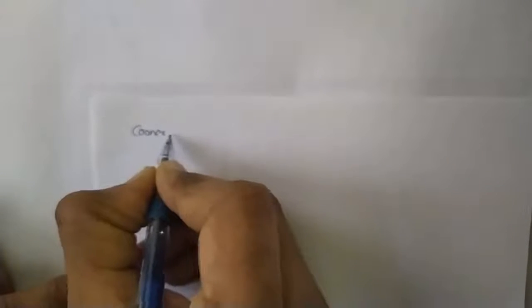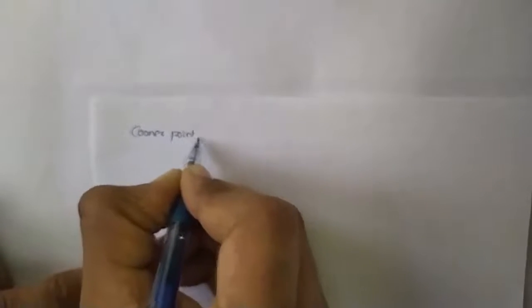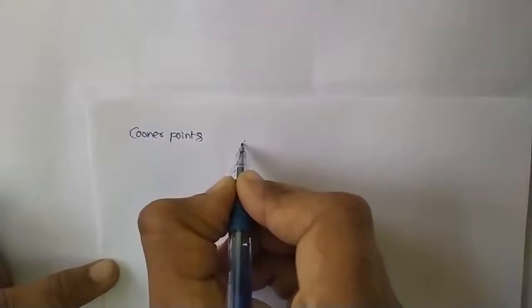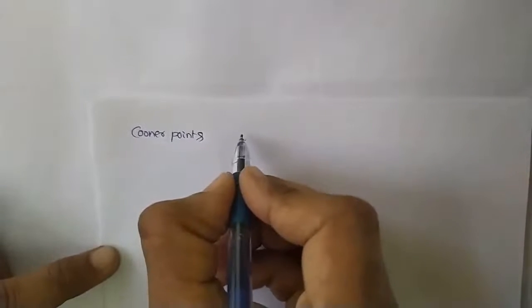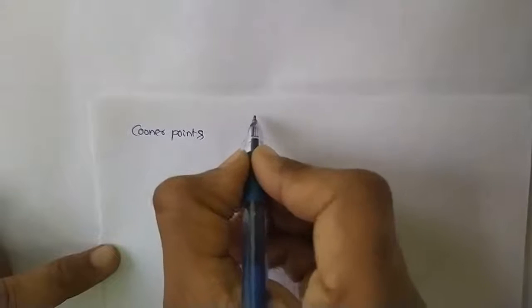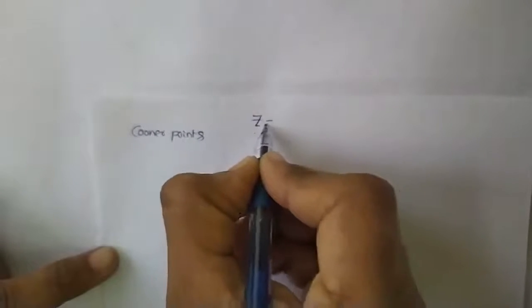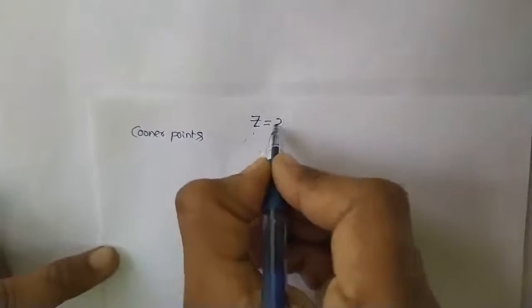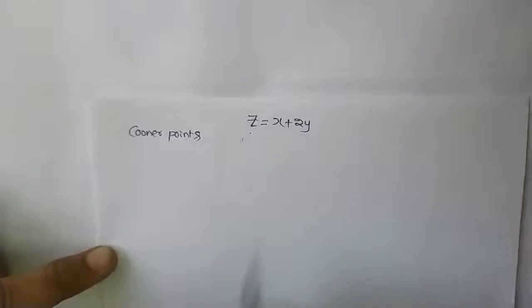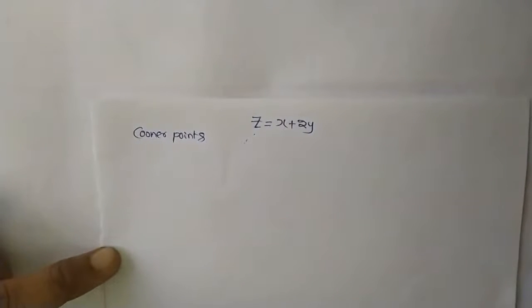First write down the corner points. Next, the objective function. The objective function is Z equals x plus 2y.